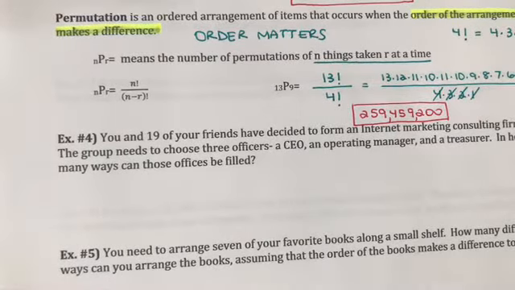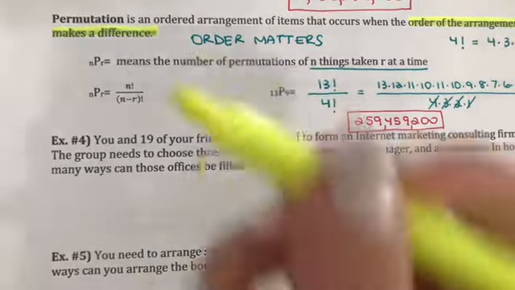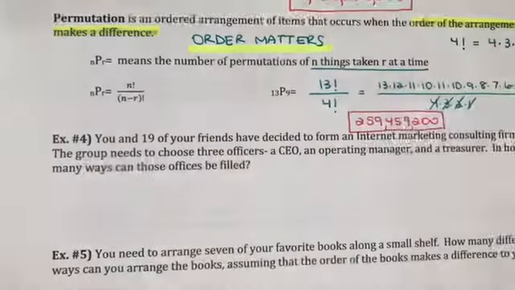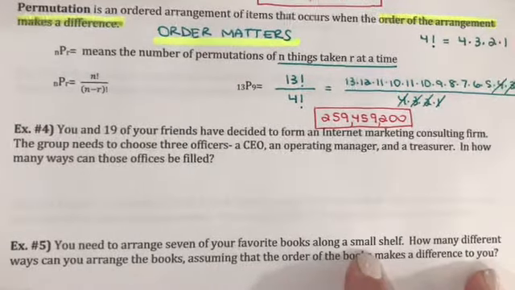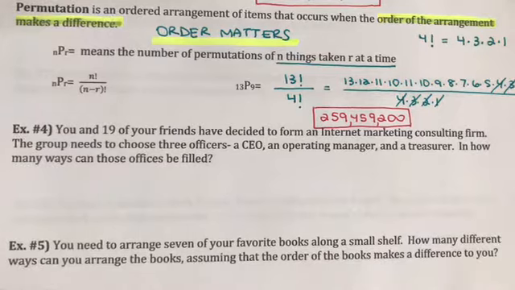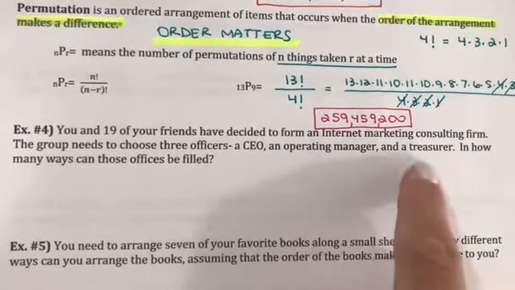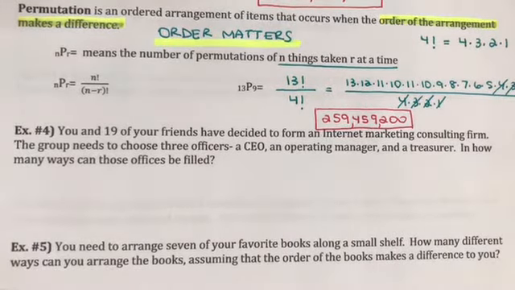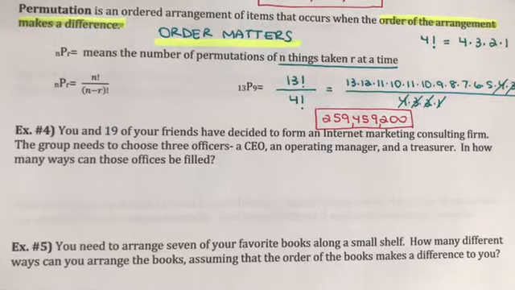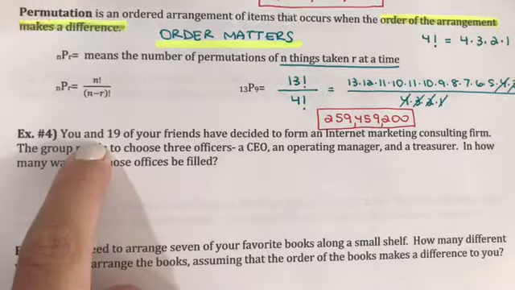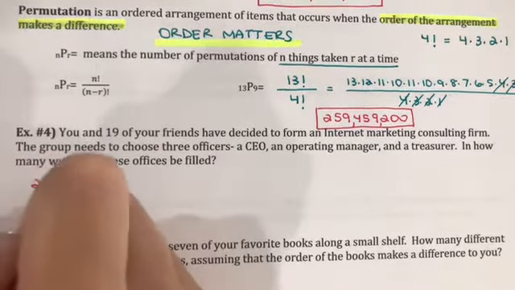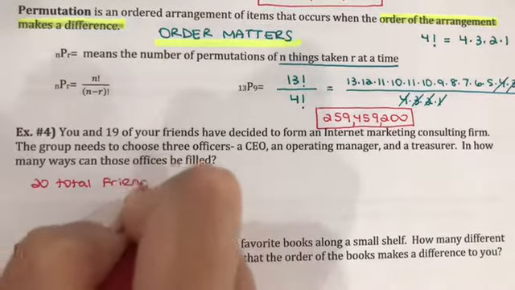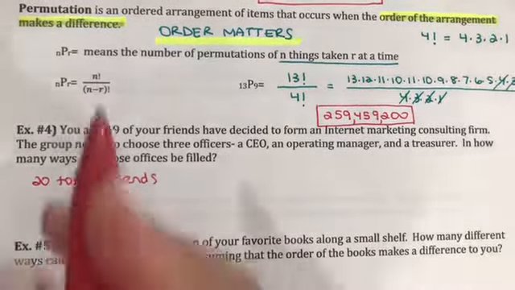All right, so let's talk about what it means for order to matter. You and 19 of your friends have decided to form an internet marketing consulting firm. The group needs to choose 3 officers: a CEO, an operating manager, and a treasurer. In how many ways can these offices be filled? The reason why order matters: there are 20 friends total, and we're choosing 3 officers.